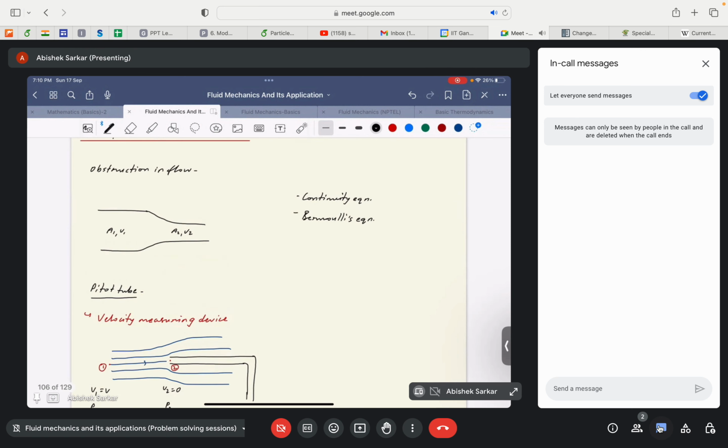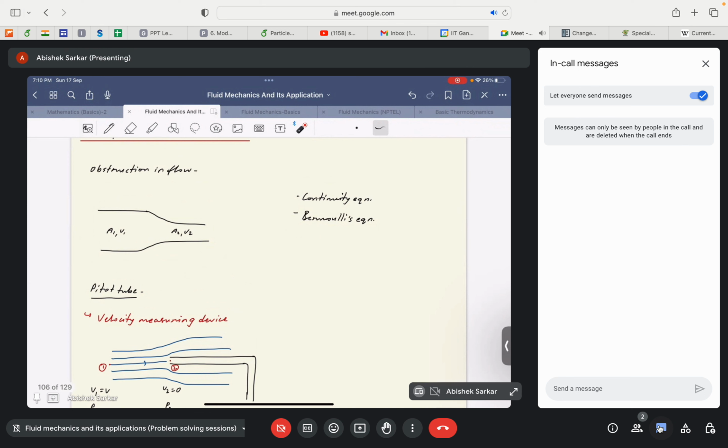You will see that most of these flow measuring devices are usually based upon the application of the continuity and Bernoulli's equation. What they basically do, as shown in this diagram, is create an obstruction in the flow, which results in a variation of the flow properties, specifically the velocity and pressure.